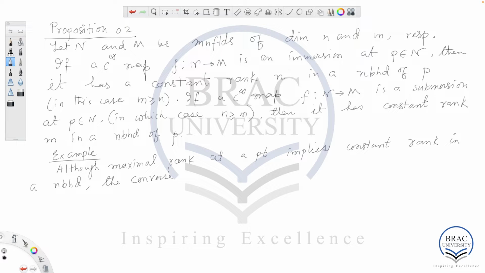The converse is not true. Suppose the map F from R2 to R3 is defined by F of (x, y) equals (x, 0, 0).